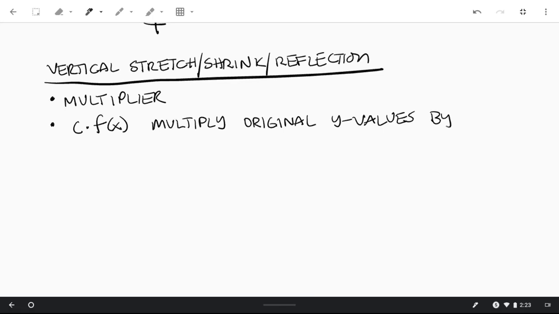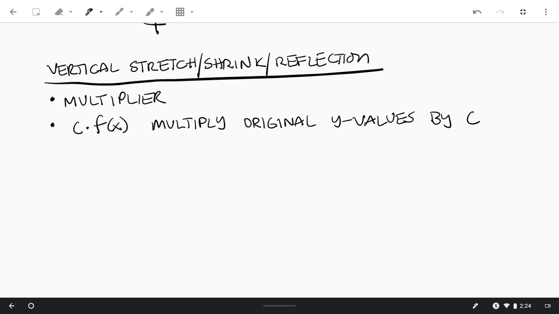If you have a horizontal shift, a vertical shift, and a multiplier, my recommendation is that you do the multiplier first, so that you don't lose track of where your original y values are.